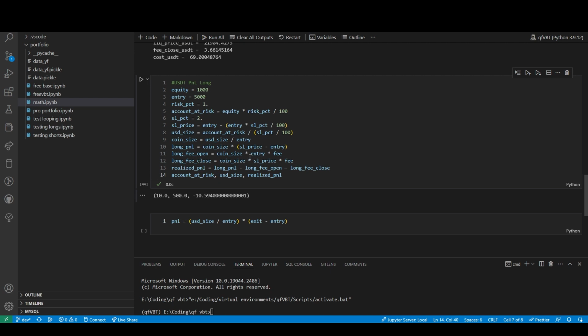I think what we need to do is subtract the open and close fee. I'm not exactly sure how we would do that. So we'd have to put that here. I've got to do that math.